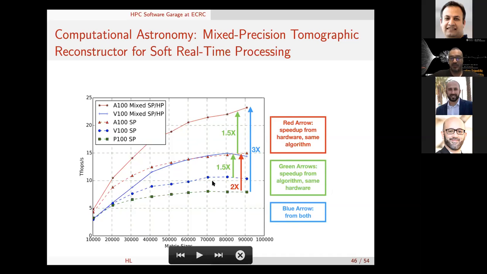And here again, we do a breakdown in terms of performance obtained on various NVIDIA GPU generations. We can see we can get up to 3x speed up here, mixing single precision and half precision, while still ultimately satisfying the accuracy of the application.